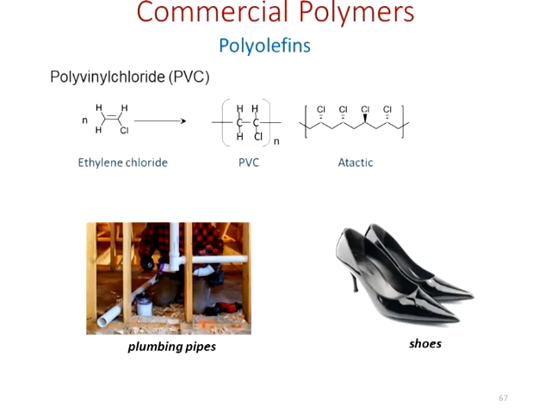Another example of an olefin polymer would be shown here as PVC. In the case of PVC, which is polyvinyl chloride, you get it? It starts with vinyl chloride, which is ethylene chloride, okay, and is polymerized.